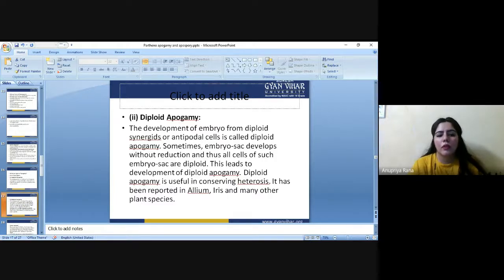Don't confuse them with haploid and diploid. The major purpose of the haploid one is generating pure lines, and the diploid one is conserving heterosis, the dominant genes which have the phenotypic capacity to perform their actions. So this is all about apogamy.